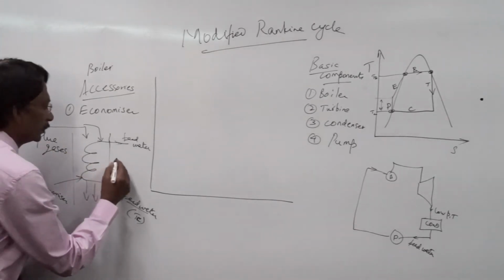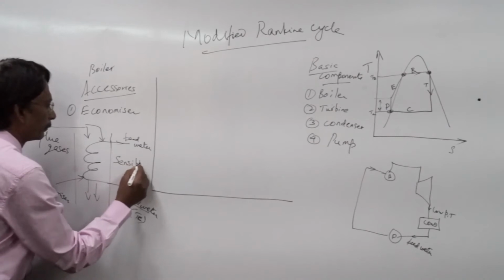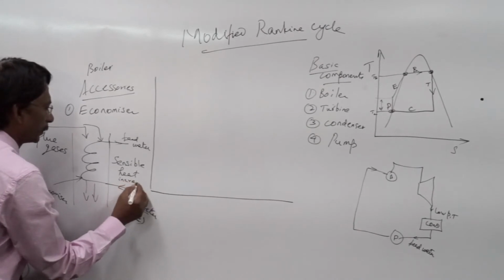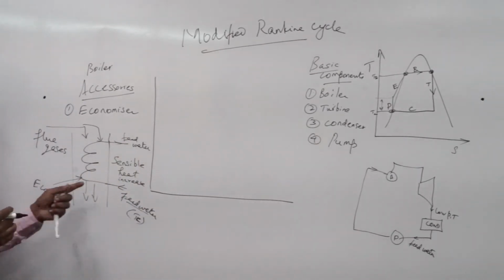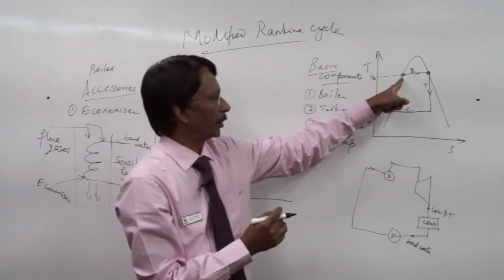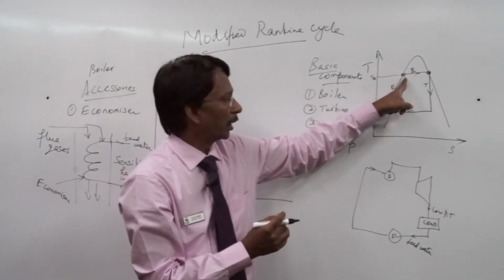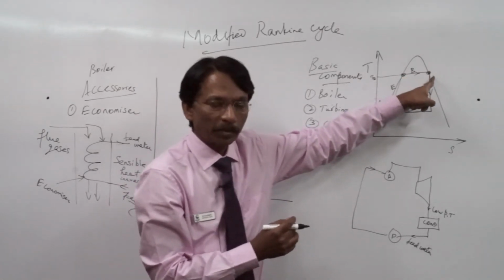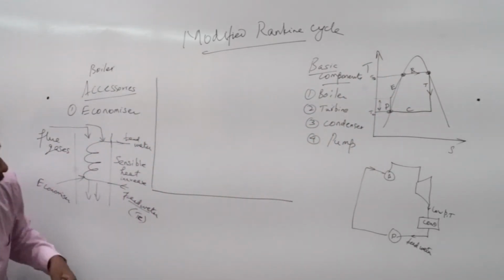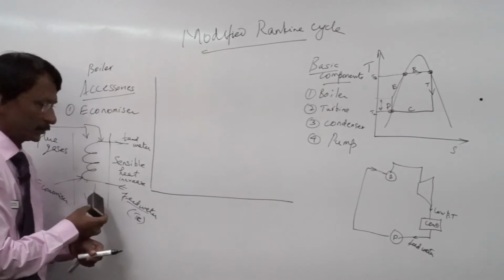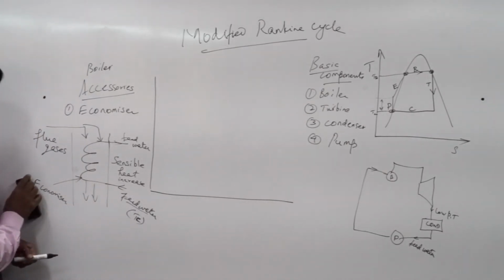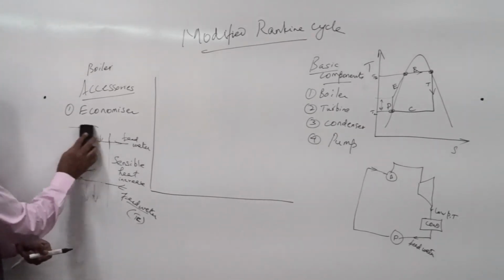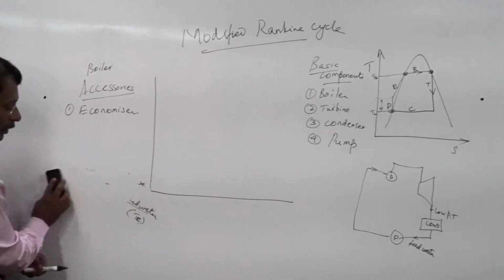Please catch that point: sensible heat increase in the feed water, and I bring the feed water to this point where I am delivering it into the boiler, where just conversion to saturated vapor takes place. So this is an accessory. The economizer heats up the feed water using the heat from the flue gases, which otherwise would have gone waste into the atmosphere.